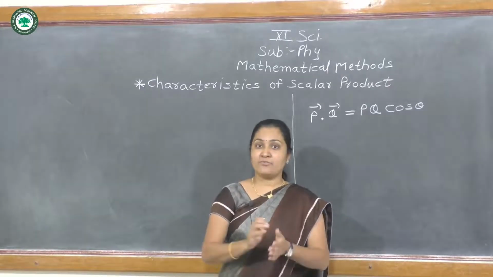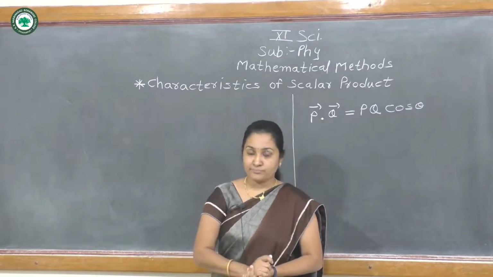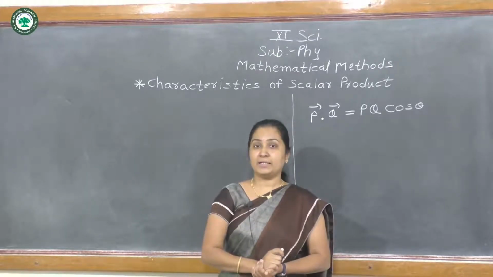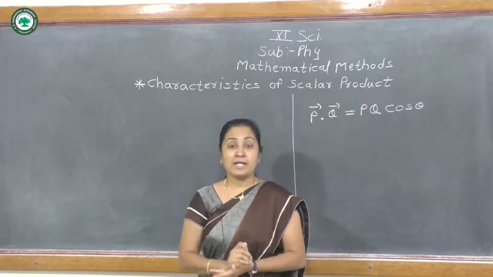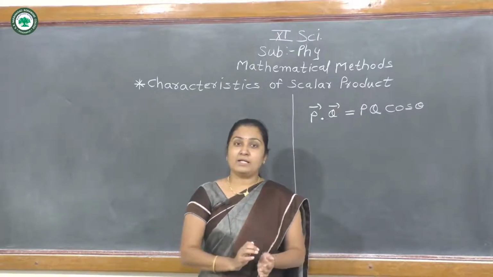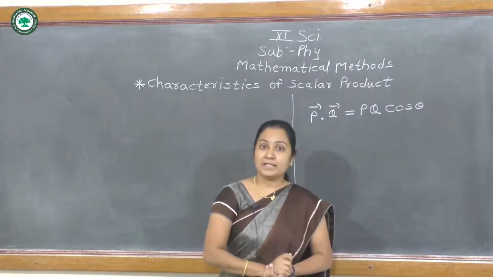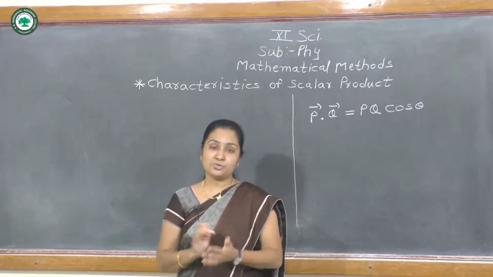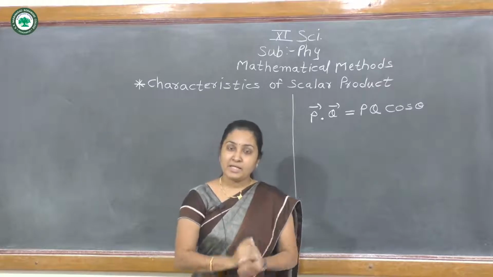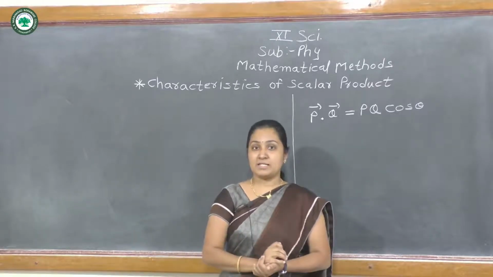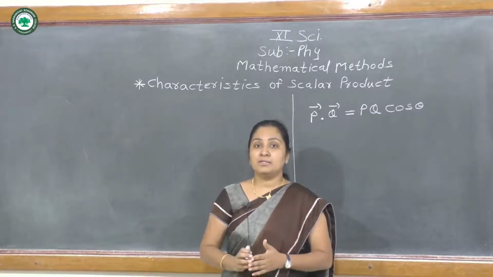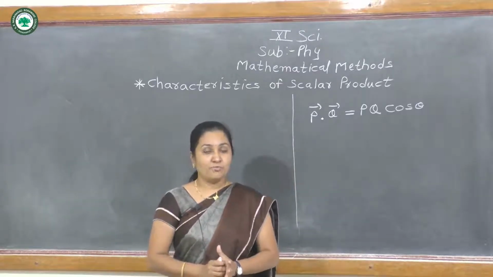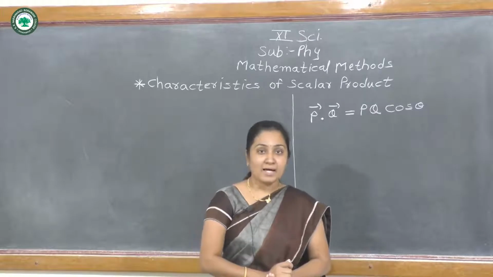That means if theta is equal to 0, that is vectors are parallel, theta is equal to 180 degree, that is vectors are anti-parallel, and theta is equal to 90 degree, that is when vectors are perpendicular to each other, then in these different cases, what will be the scalar product p bar dot q bar. So we studied these points in the last lecture.